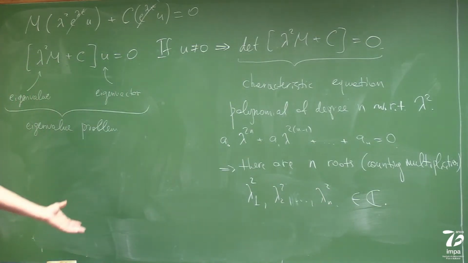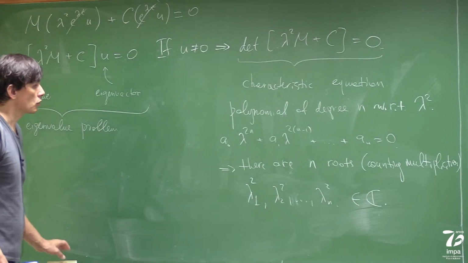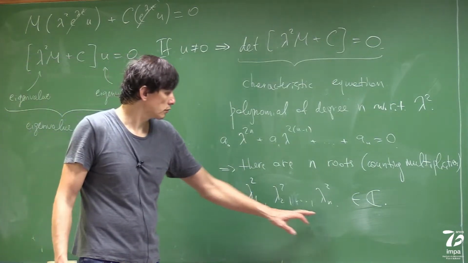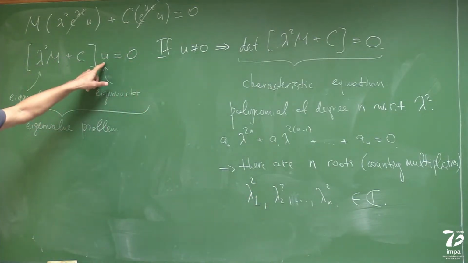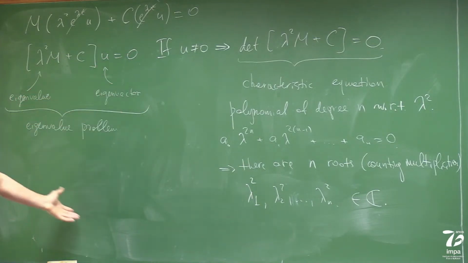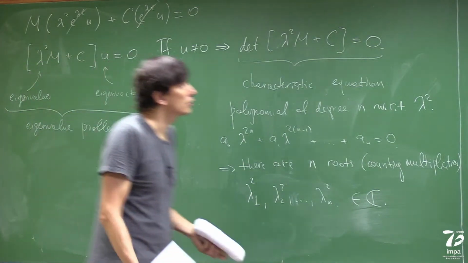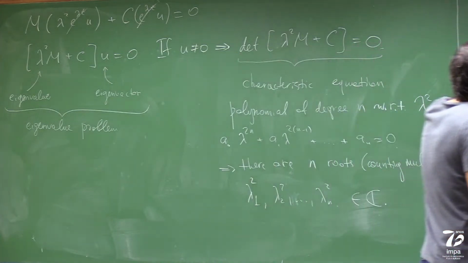Each one gives a root. So that's algebra, I think you should all know. So we have n roots. For each root, we can try to find u, and we have in principle many solutions. So let's see what we can do with these solutions.